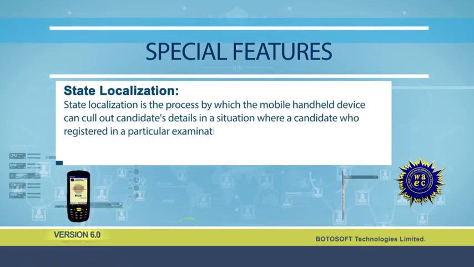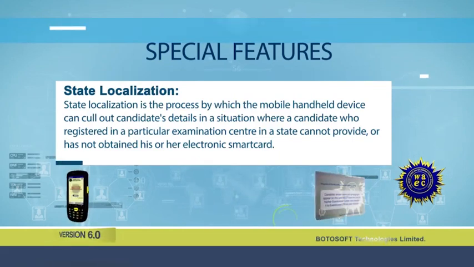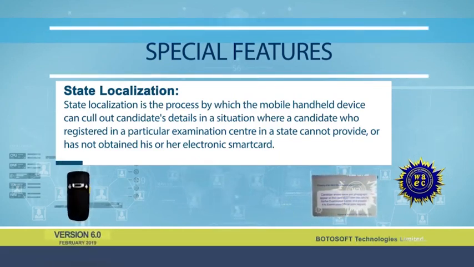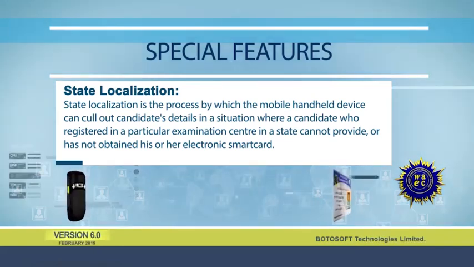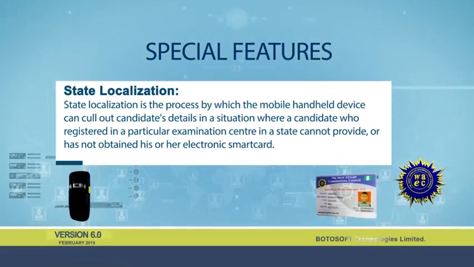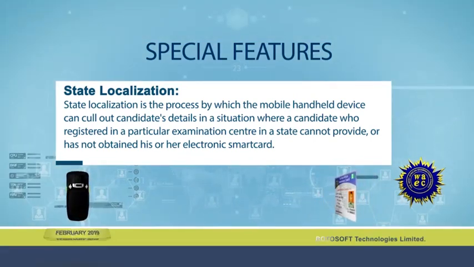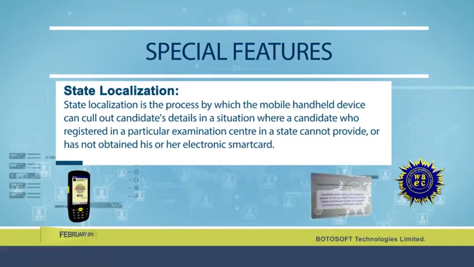State localization. State localization is the process by which the mobile handheld device can call out candidates' details in a situation where a candidate who registered in a particular examination center in a state cannot provide or has not obtained his or her electronic smart card.